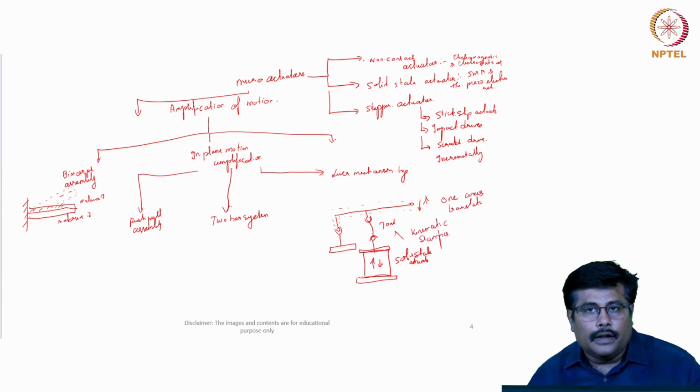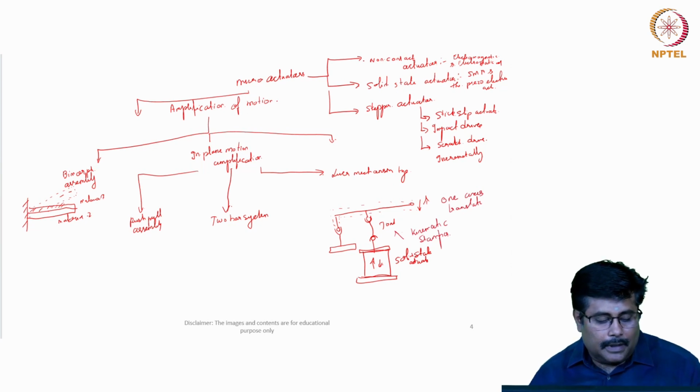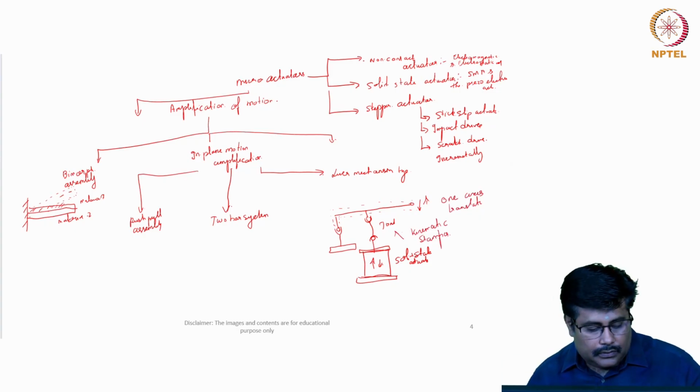So the output point can be taken so that the displacement amplitude from the actuator is either amplified or reduced.